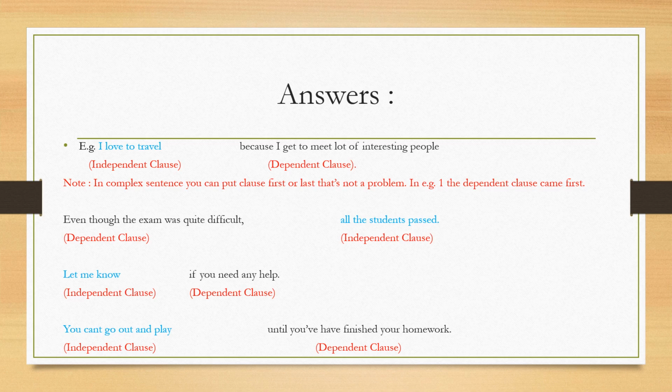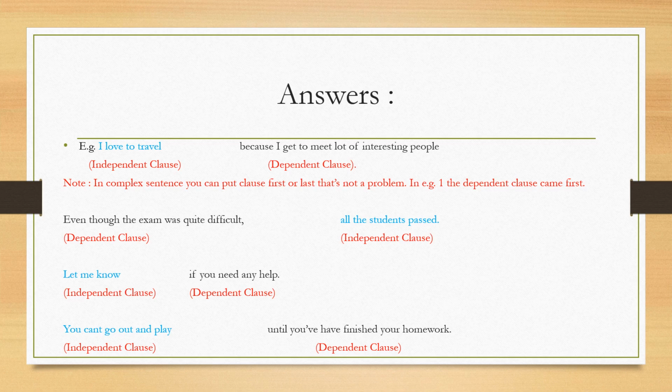All the students passed. That makes a complete sentence, so that is an independent clause. Look at the third example. Let me know if you need any help. Let me know. That is an independent clause. If you need any help, that is a dependent clause.